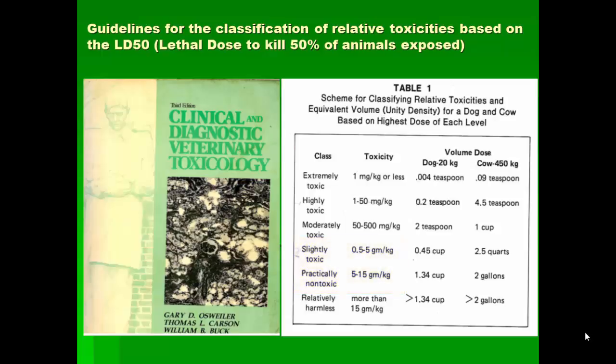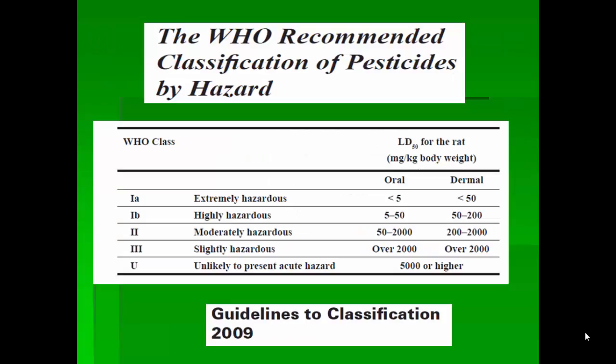So if we look at some other sources, like this one by the World Health Organization, here we see the classification of pesticides based on the acute, oral, and dermal, which should really state topical toxicity to the rat. As you can see, any pesticide, whether it's an insecticide, herbicide, a rodenticide, fungicide, and so on, should be labeled with a symbol.